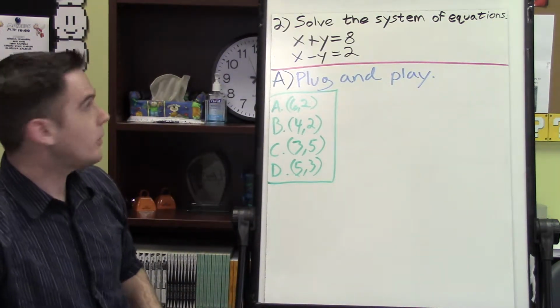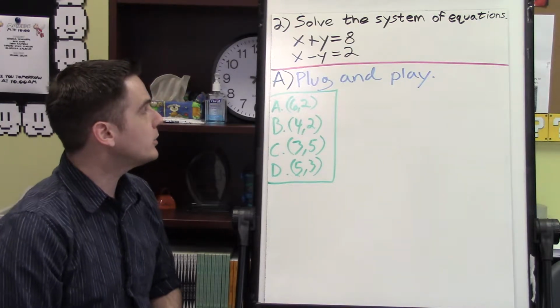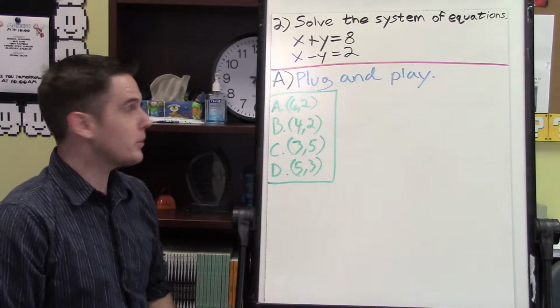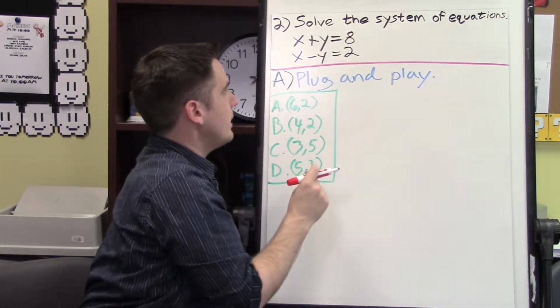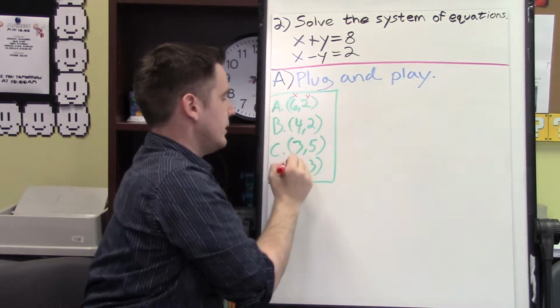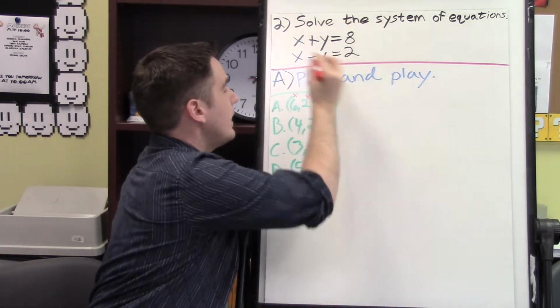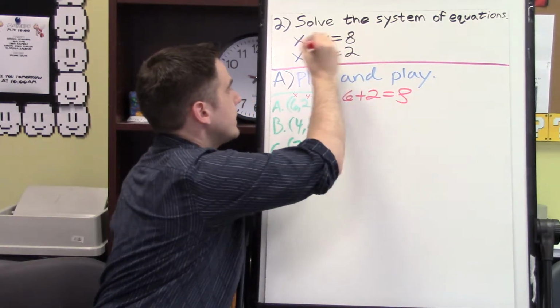Solve the system of equations: x plus y equals 8, x minus y equals 2. Again, we just go through the motions, plugging in and trying it. So x plus y equals 8. Again, the first number is x, the second number is y. 6 plus 2 equals 8.